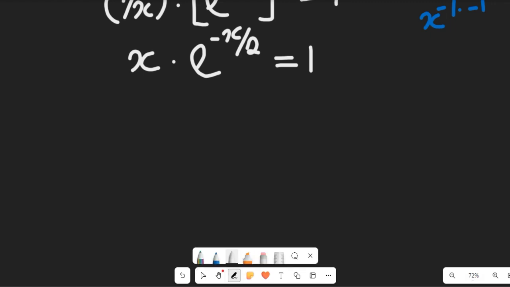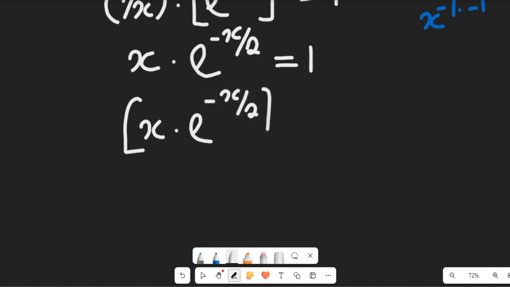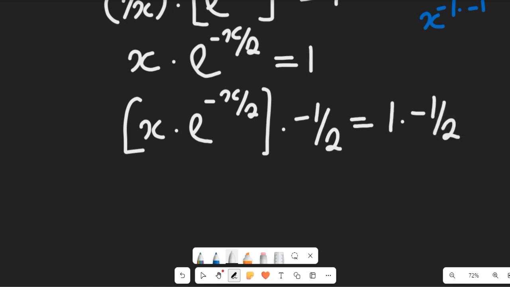I'll have that expression become x multiplied by the exponent of x divided by 2, and all of these will be multiplied. Remember, I said they will be multiplied by negative half, right? And this will be equal to 1 multiplied by negative 1 divided by 2.